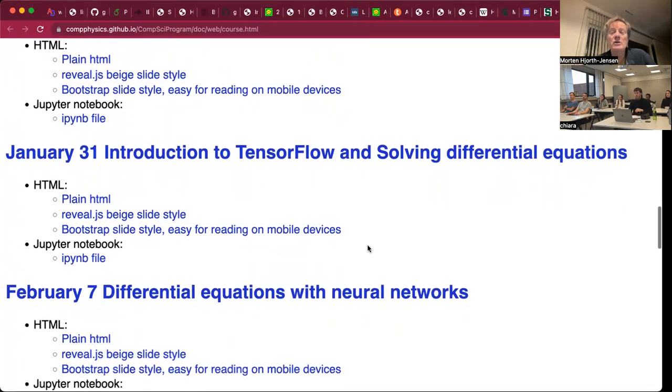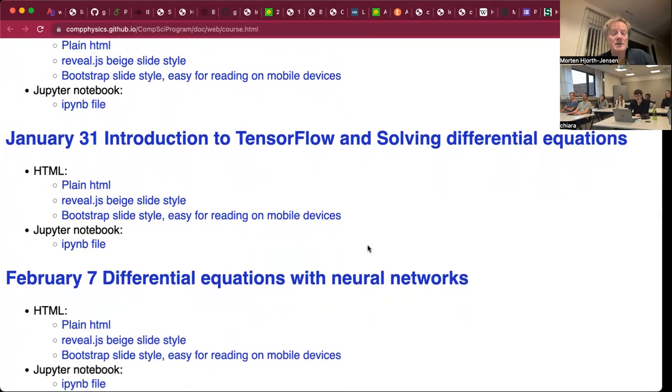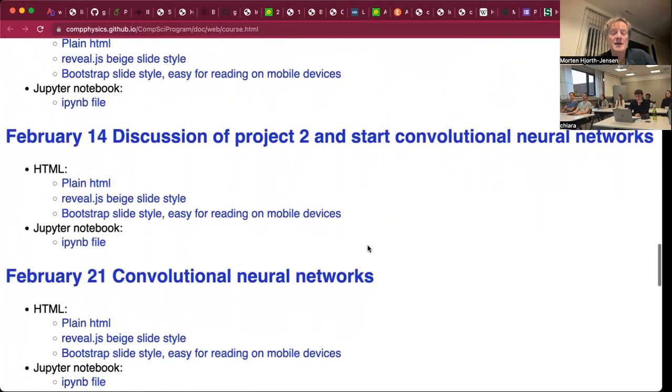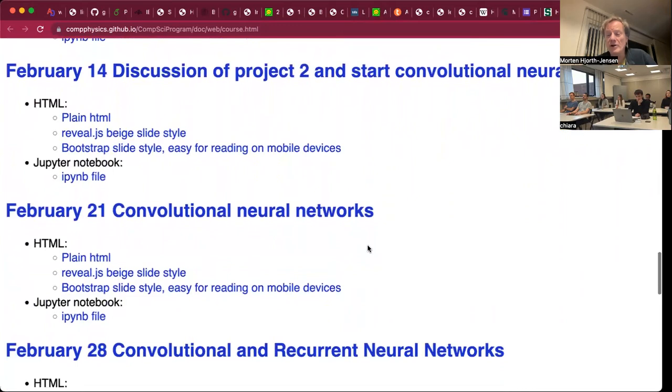And then we are going to solve differential equations with that. And then we move on to convolutional neural networks. And then at the end, we stop with recurrent neural networks. We may, if we have time, discuss autoencoders and also generative adversarial neural networks. This is a topic which we can bring up at the end here.